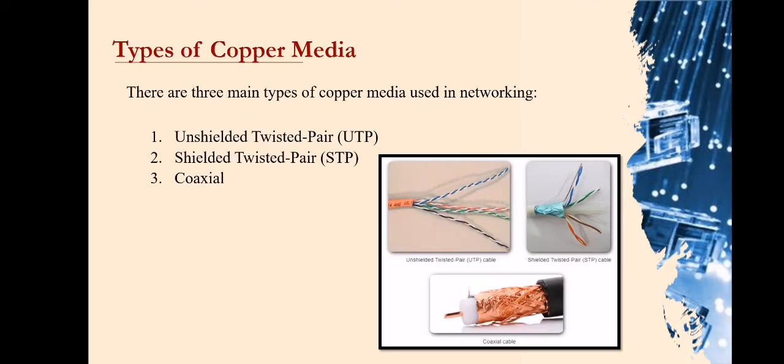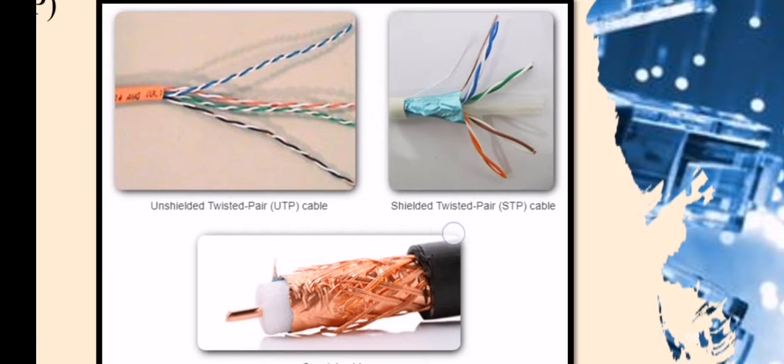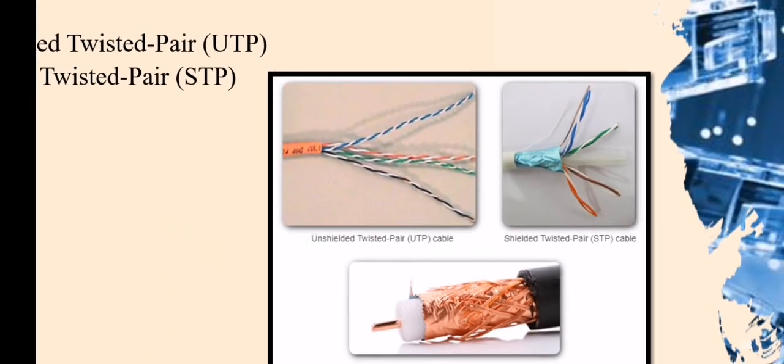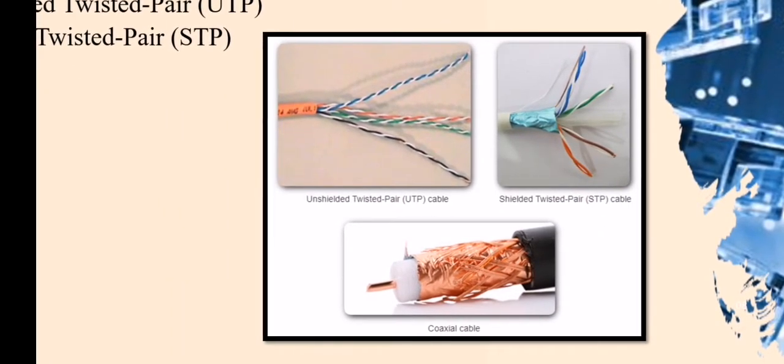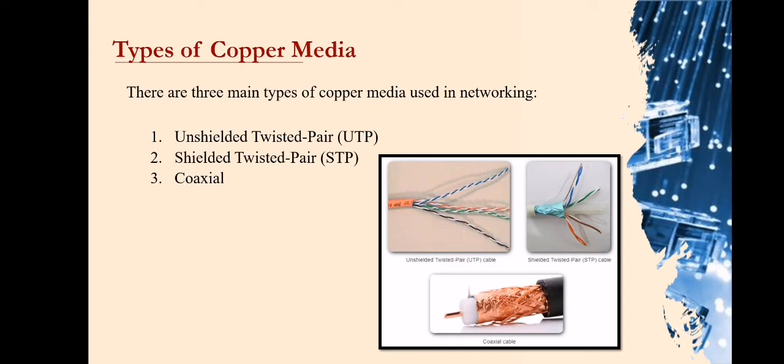There are three main types of copper media used for networking: the unshielded twisted pair or UTP cable, the shielded twisted pair or STP cable, and the coaxial cable. These are how those cables look. So you have the unshielded twisted pair, the shielded, and the coaxial cable. Let us discuss them one by one.